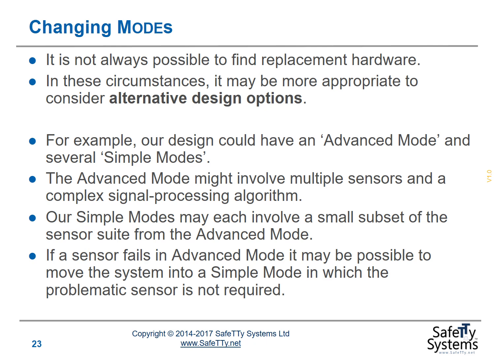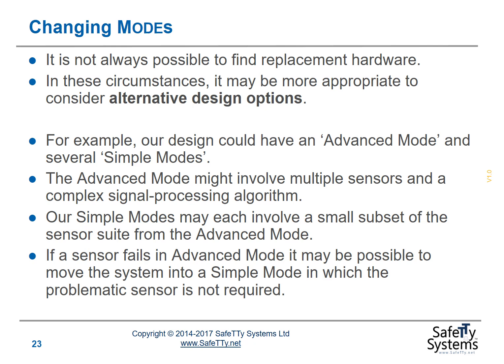Our simple modes may each involve a small subset of the sensor suite from the advanced mode. If a sensor fails in advanced mode, it may be possible to move the system into a simple mode in which the problematic sensor is not required. This can be an effective solution in many designs.